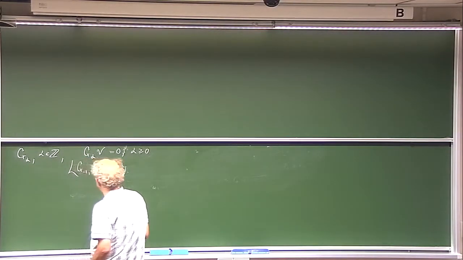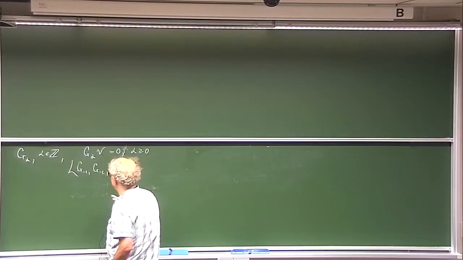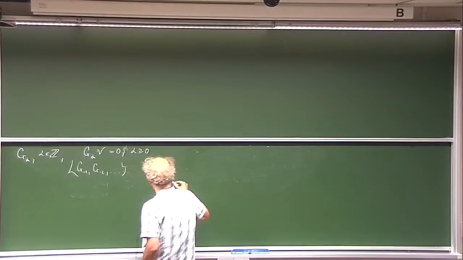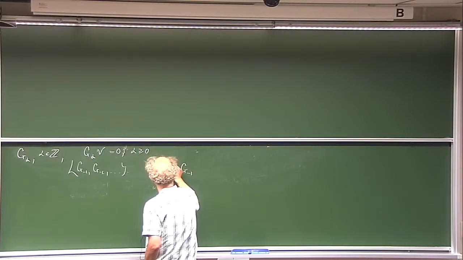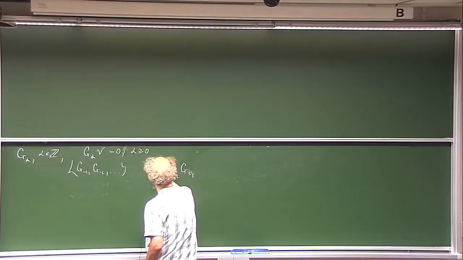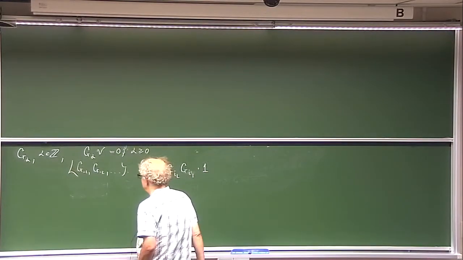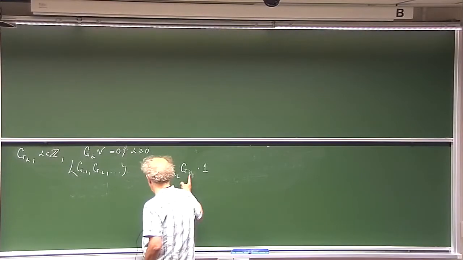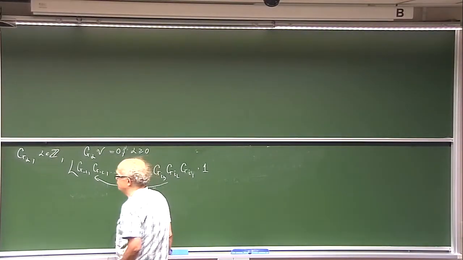And the corresponding space which I generate is what? It is the vacuum vector, but also G_-1, G_i1, G_i2, G_i3, and so on, times the vacuum vector 1. All the i's here are negative, and it will be some space.